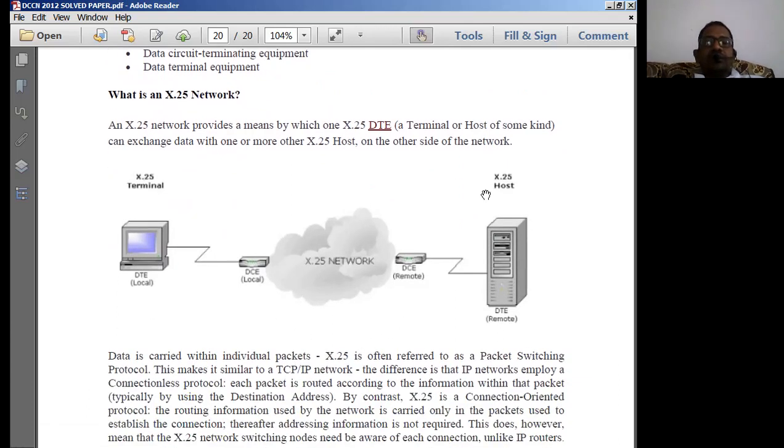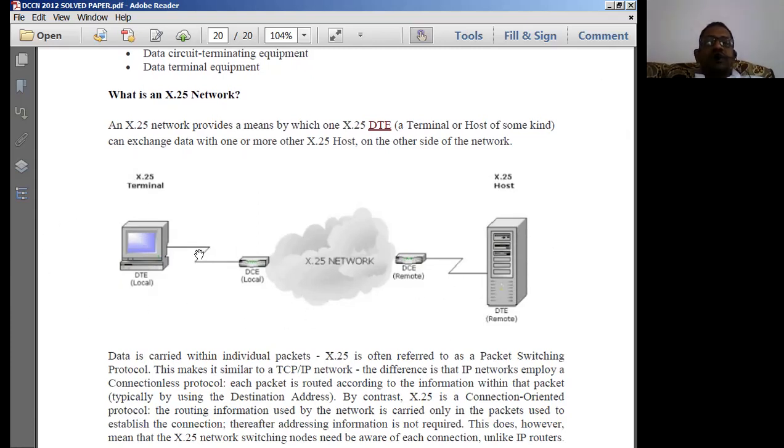So what is the basic architecture of an X.25 network? Our basic communication model of an X.25 network is going to be something like this. An X.25 network provides a means by which one X.25 terminal, called DTE, data terminal equipment, a terminal or a host of some kind, can exchange data with one or more other X.25 host computers on another side of the network.